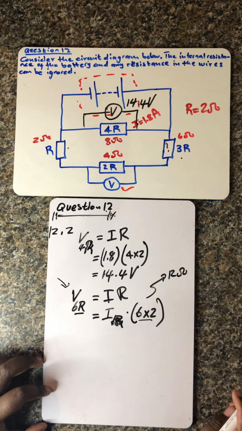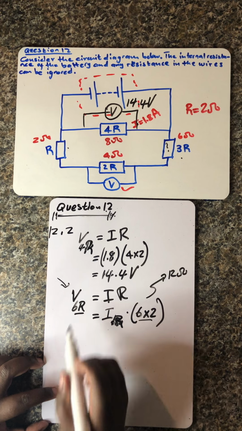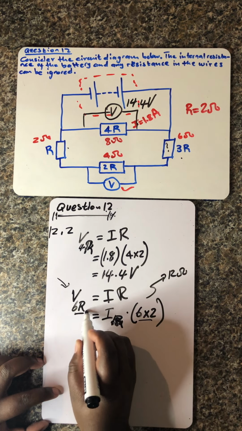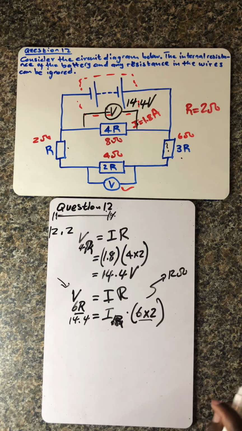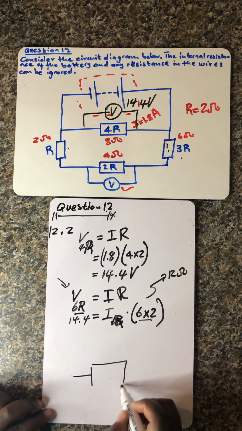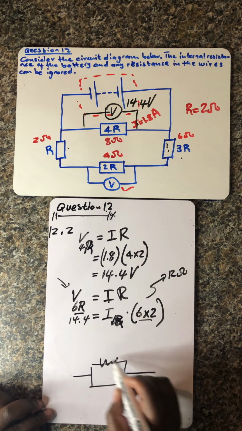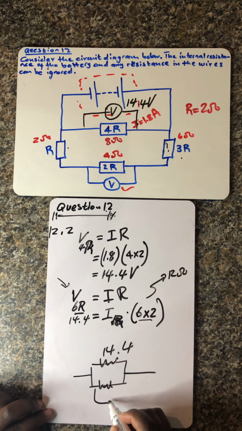12 ohms. So, guys, what is that V? Obviously the V of the 6R is 14.4, ladies and gentlemen. Why? Because I've just explained that the V we calculated on this side, which was 14.4, should be the V of this side.